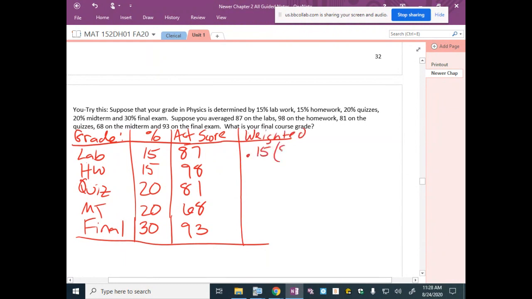So 0.15 times 87, and let's not round, is 13.05 points. I want you to take a minute and see if you can figure that out.